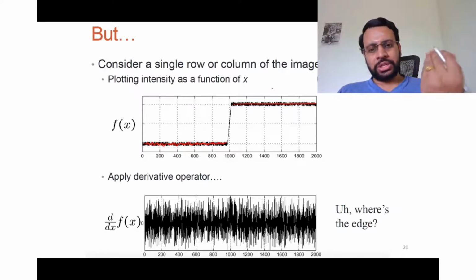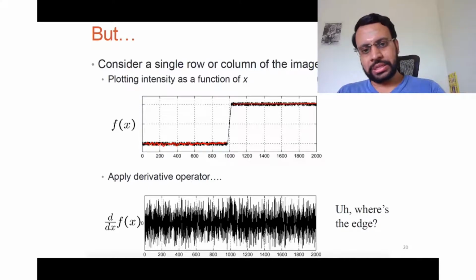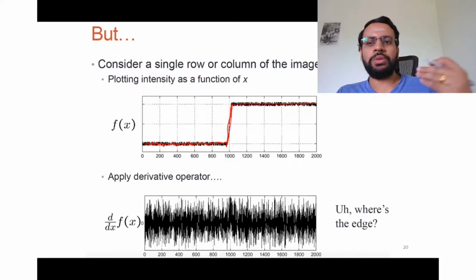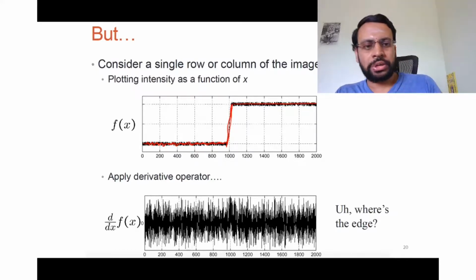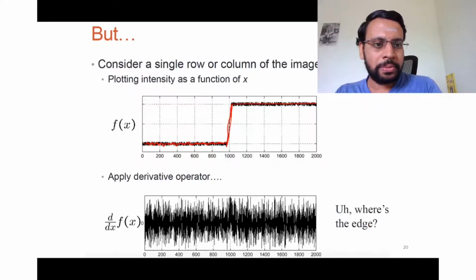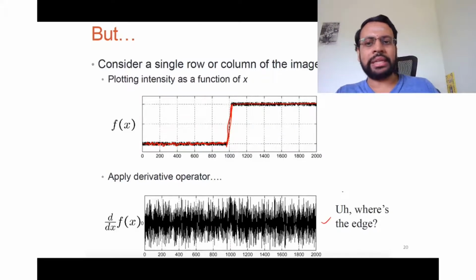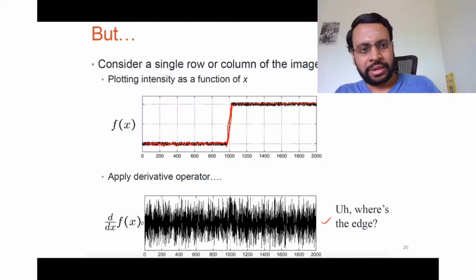Now intuitively we know that since there is a big jump here, this is where you have a strong edge. But if you simply do the operation, particularly f of x plus 1 minus f of x by 1 to compute the edge, this is what you would be getting there. That will not work well. Why is it so?